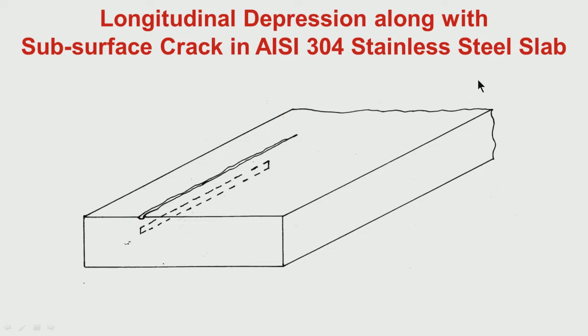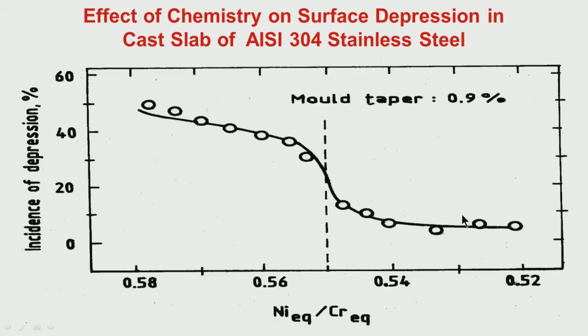Either the chromium equivalent is around 0.1 for carbon steel or low alloy steels, or for stainless steel you have AISI 304 type of grade, where the nickel equivalent by chromium equivalent is going to play an important role, since it dictates the chemistry. So, now I will show how we have managed to control this problem.